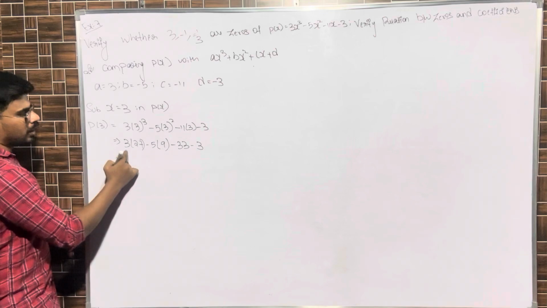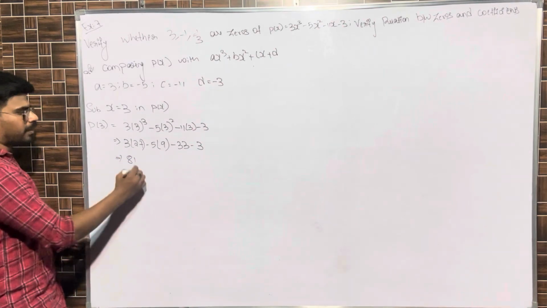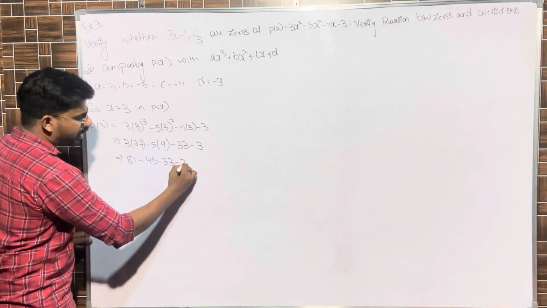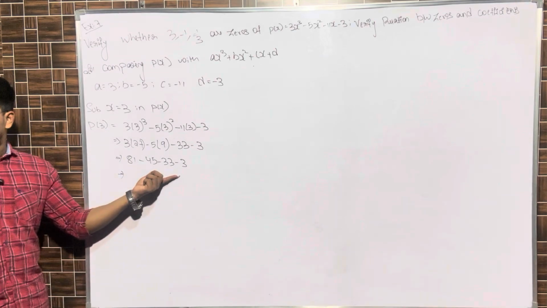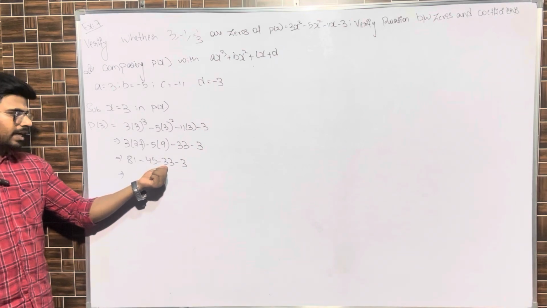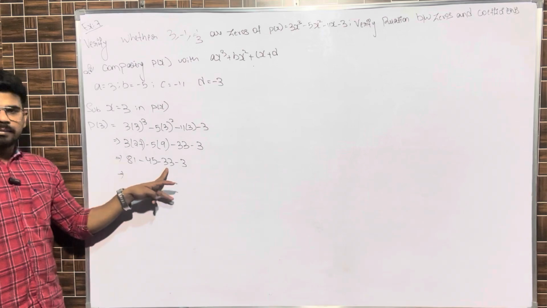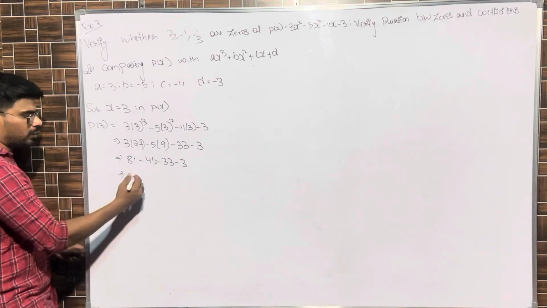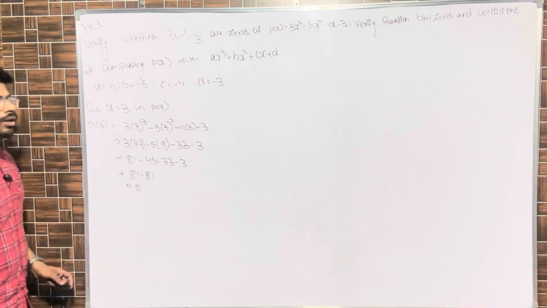Minus 3. 27 3s are 81, minus 5 9s are 45, minus 33, minus 3. So 81 is the only term in plus, all the remaining numbers are in minus. Minus 45 minus 33 is minus 78, minus 78 minus 3 is minus 81. If you add all of this, you get minus 81. 81 minus 81 is nothing but 0.